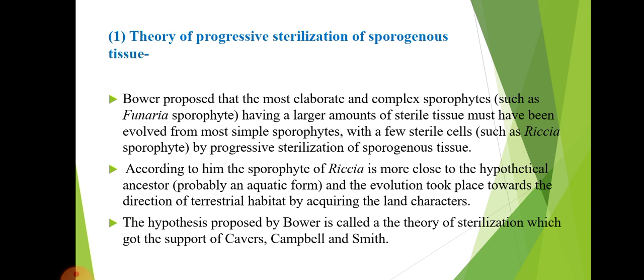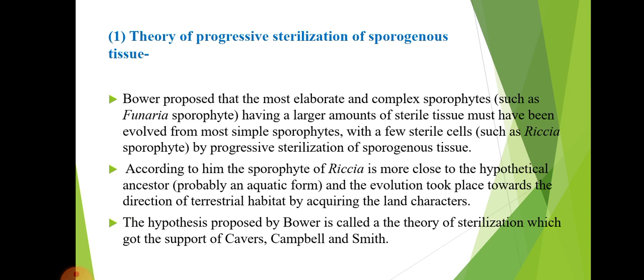If you see the first one, the progressive sterilization of sporogenous tissue, Bower proposed that the most elaborate and complex sporophytes, having larger amounts of sterile tissue, must have evolved from the most simple sporophytes, which had a few sterile cells, by progressive sterilization of sporogenous tissue.